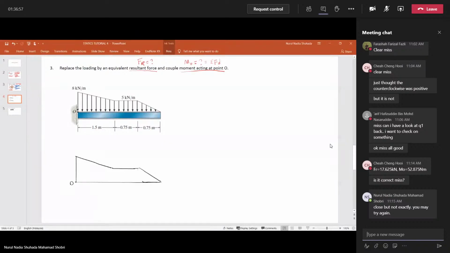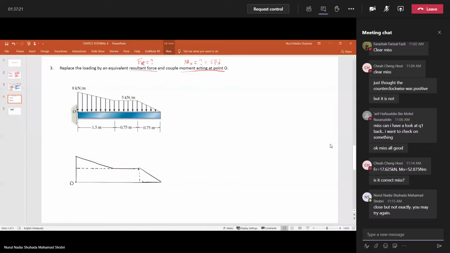Like in this case, we can break down the area to be triangle and also rectangular. Okay, so I divide the area to be into 3 parts.